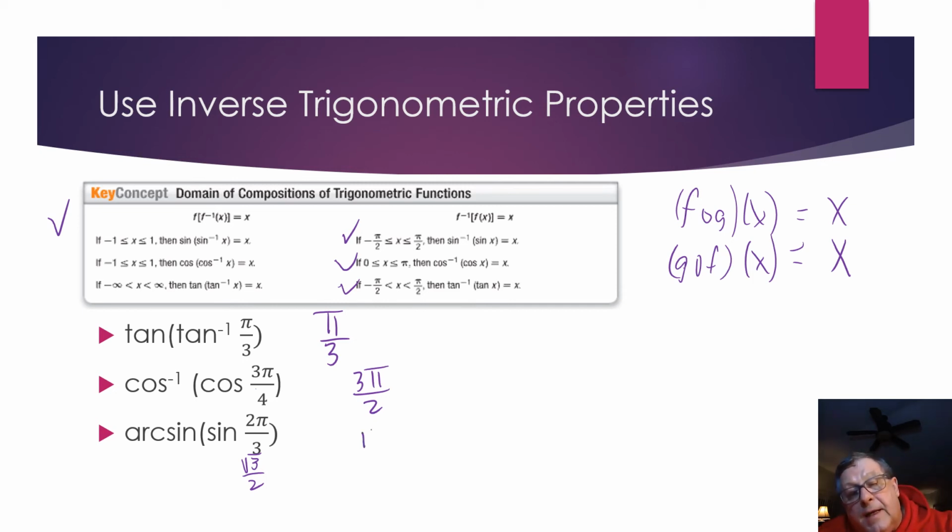See, it's got to be in that first half of the function. Can't be at 2 pi over 3, because our domain is restricted to that first half of the circle, or between negative pi over 2 and pi over 2. Got to think sometimes. Thinking's good.